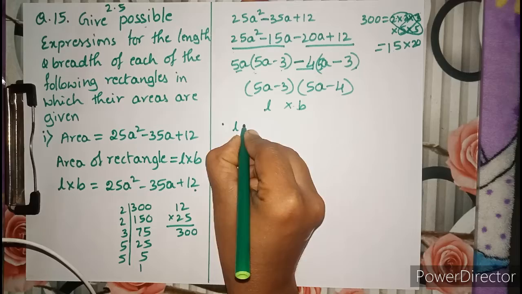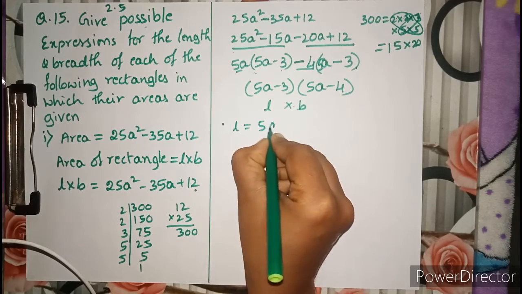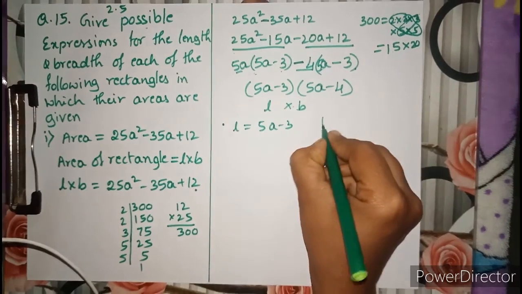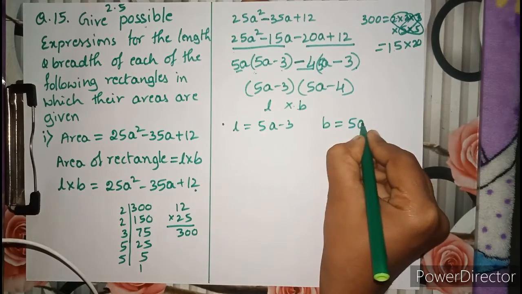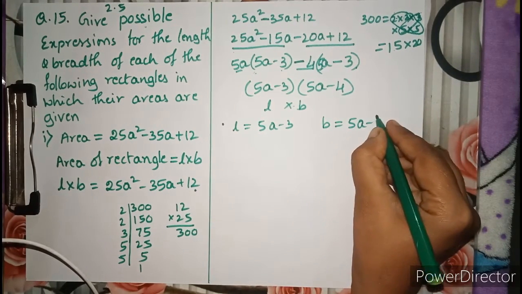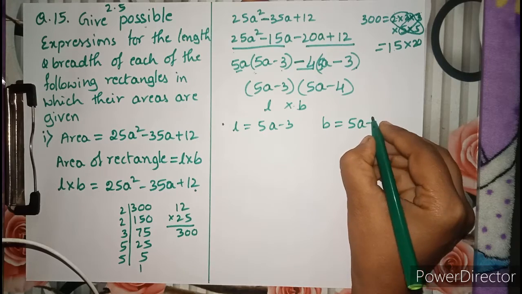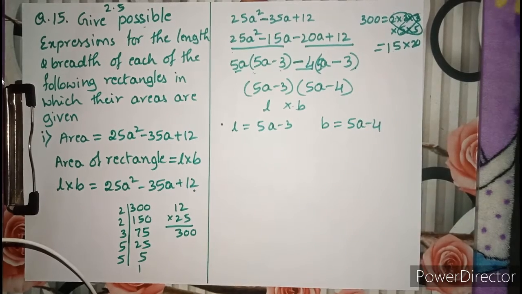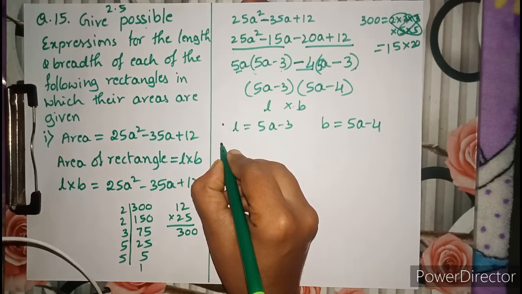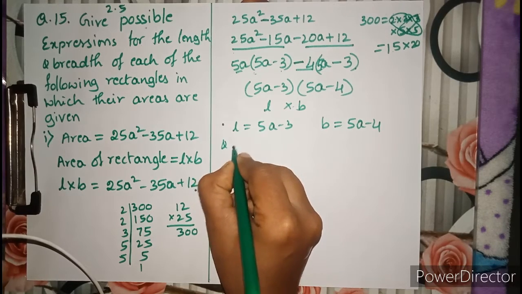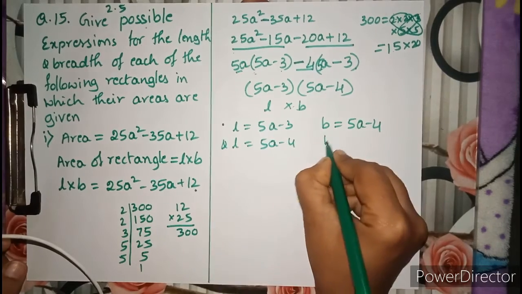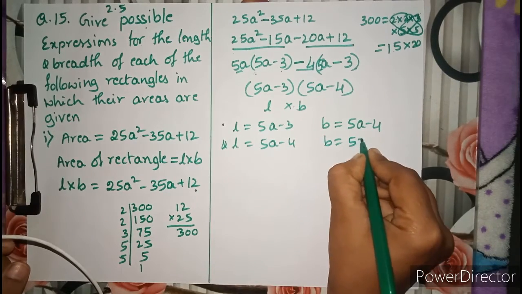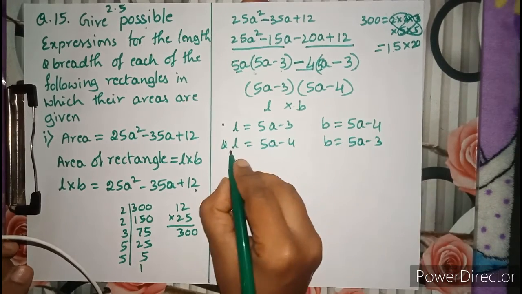If length is 5a minus 3, then breadth becomes 5a minus 4. And if length is 5a minus 4, breadth becomes 5a minus 3.